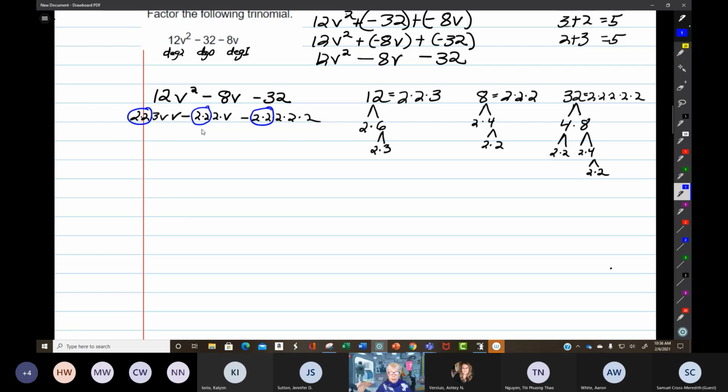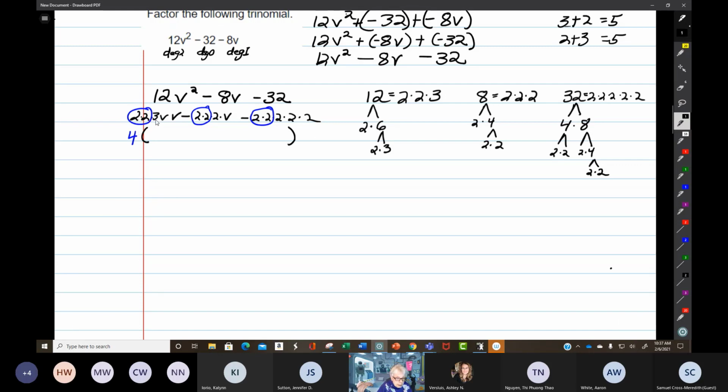All right, so 4. So I'm going to pull out 4 as a common factor. This term doesn't have a v, so it's not going to have a v in the common factor. The quadratic trinomial is not going to have a v in the GCF.